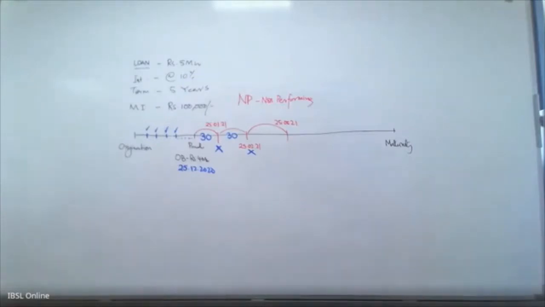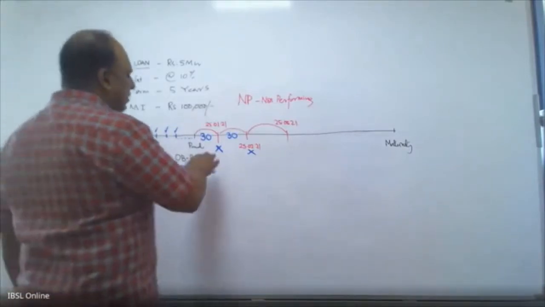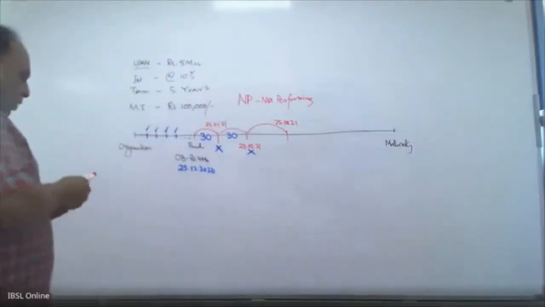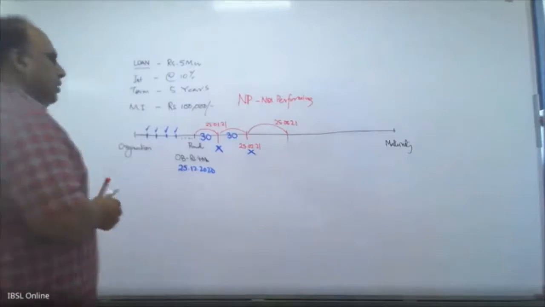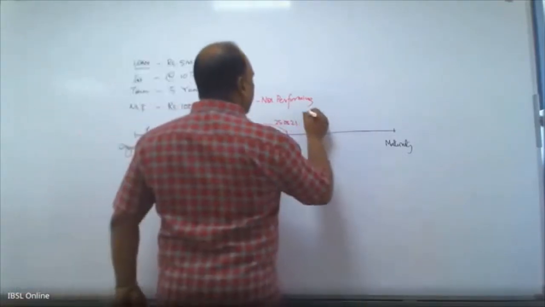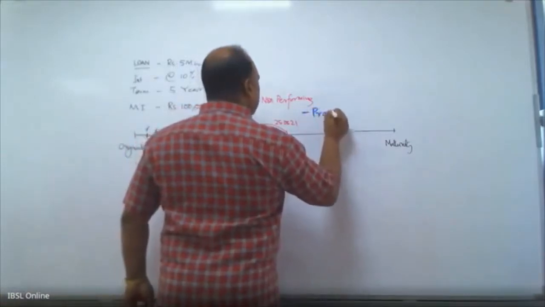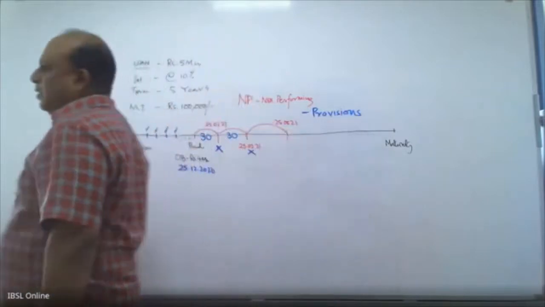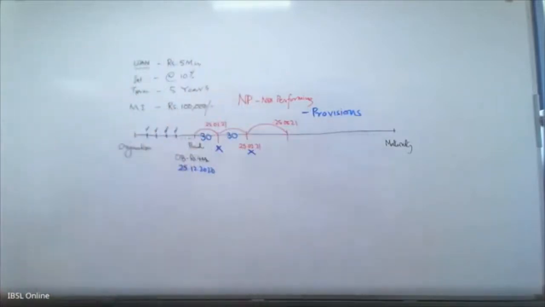So thereafter what happens? If the customer continues not to pay, the central bank also alerts us, look, now this is a serious case, so you need to start making provisions. So now there is a loan loss provision coming in.